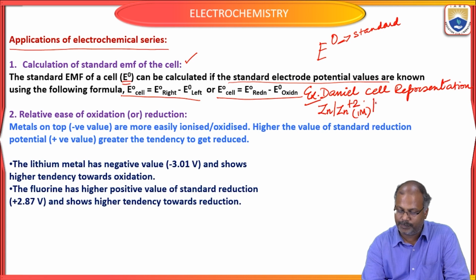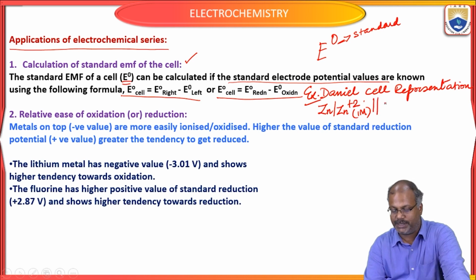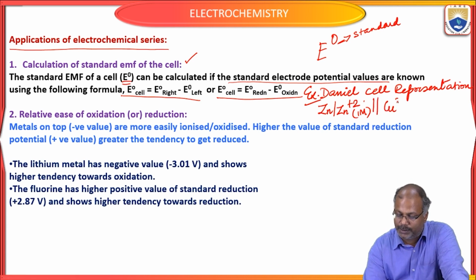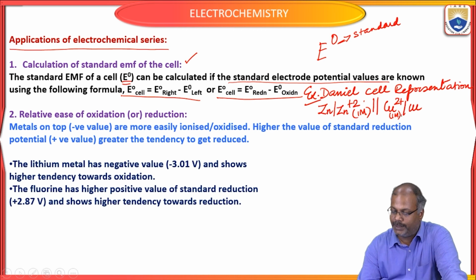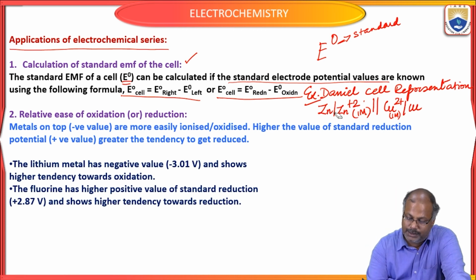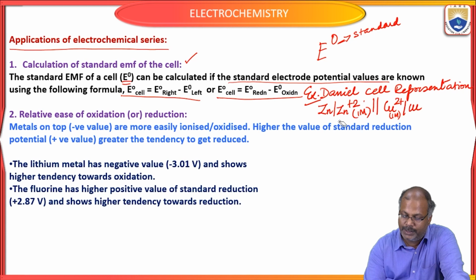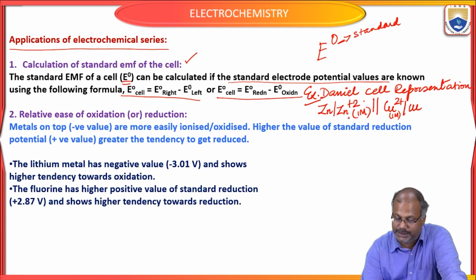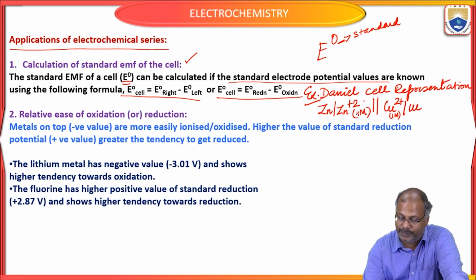Then the salt bridge representation. Then copper undergoes reduction, also 1 molar. Here the single dash represents the interface between zinc solid and zinc sulfate, zinc 2 plus ions of 1 molar concentration. The double dash represents the salt bridge.